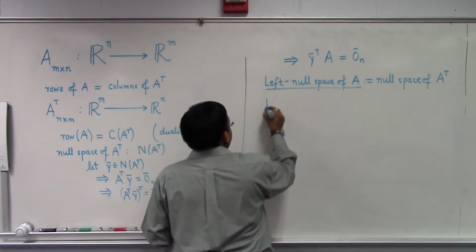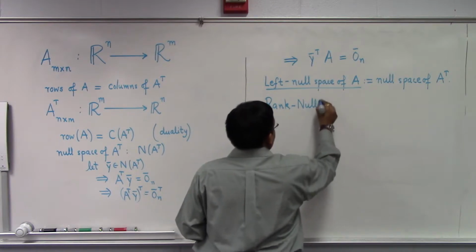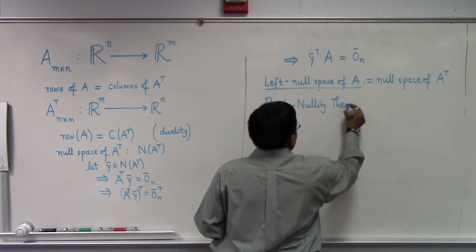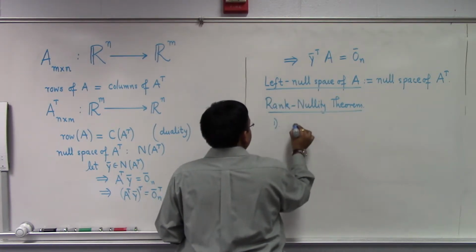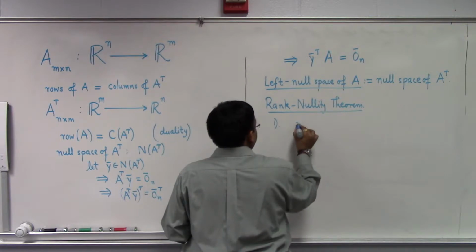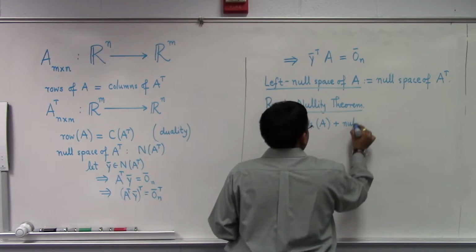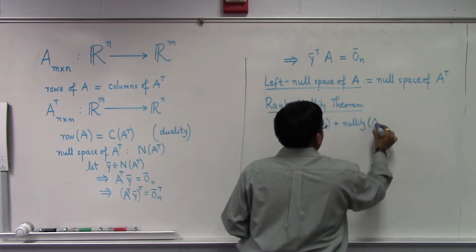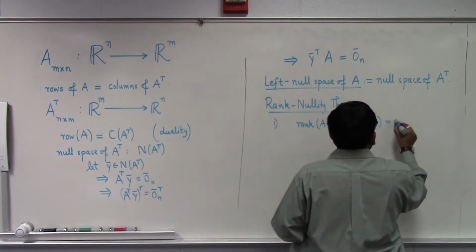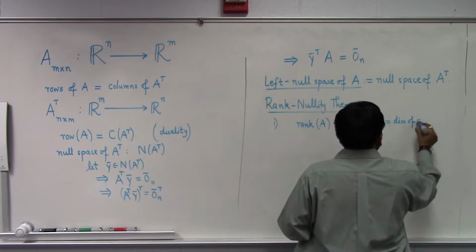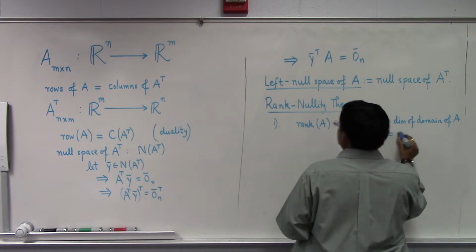Now, the rank nullity theorem can be applied to any linear transformation. So by the rank nullity theorem, we have that the rank of A plus the nullity of A should be equal to the dimension of the domain of A, which in our case turns out to be n.